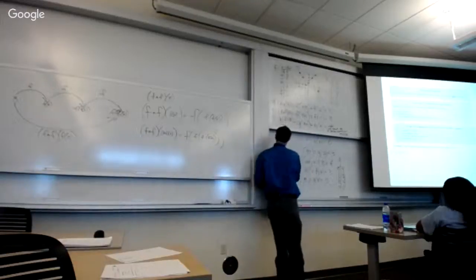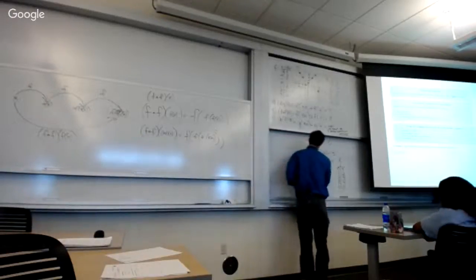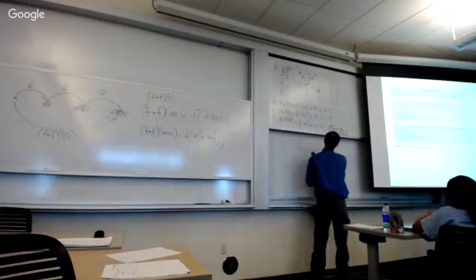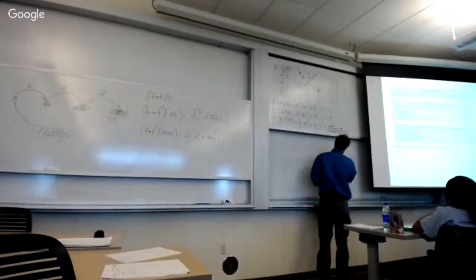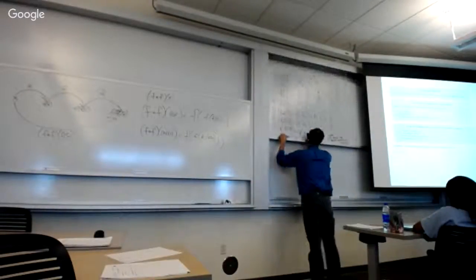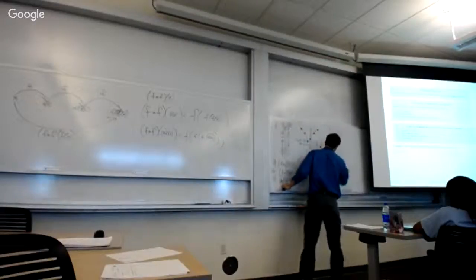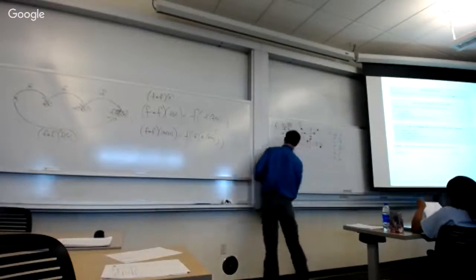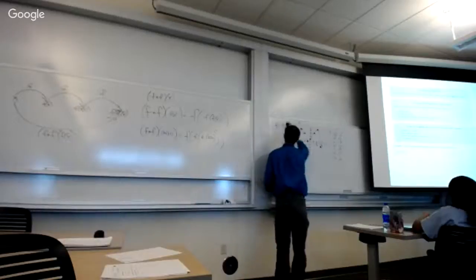Now, I'll tell you one more thing. When mathematicians want to study a function, I'll just jokingly show you the circle again, because there are times when you'd want to study a circle. The circle's a really nice shape. But unfortunately, it fails the vertical line test and the horizontal line test.